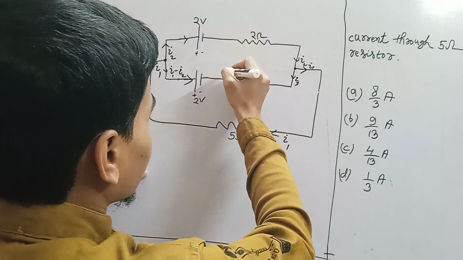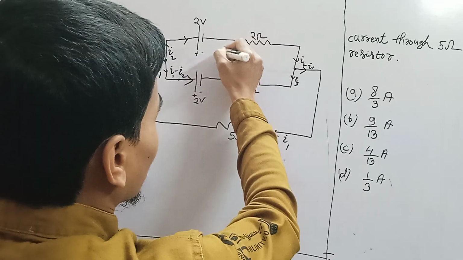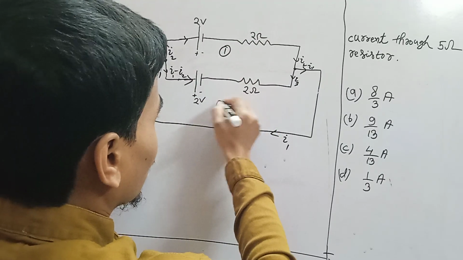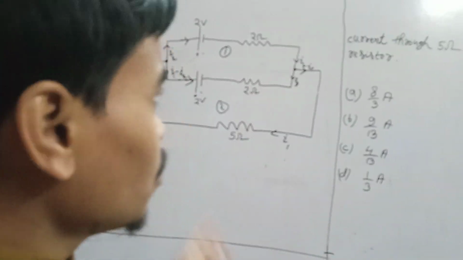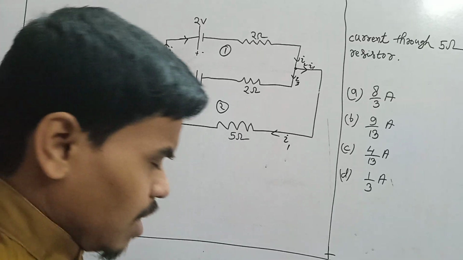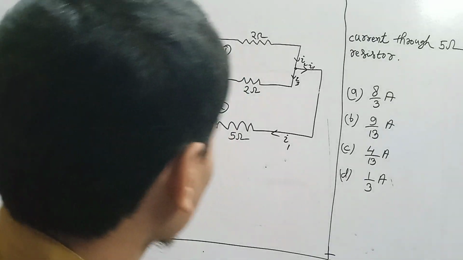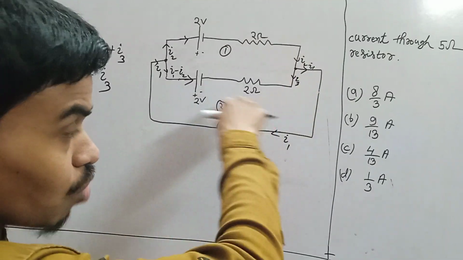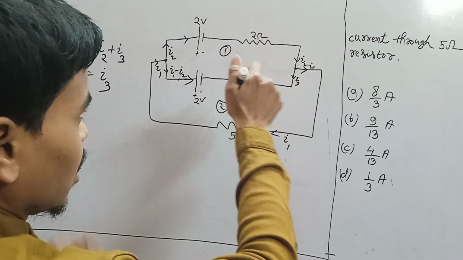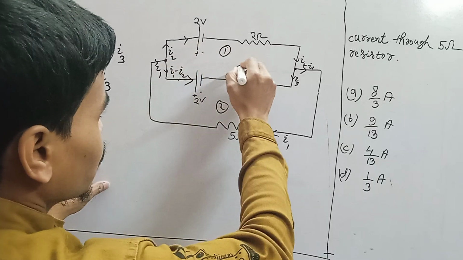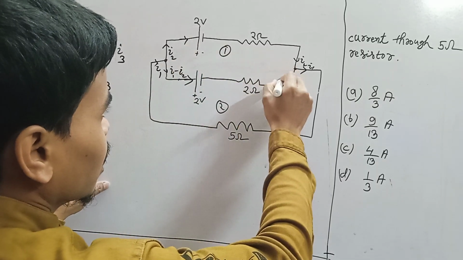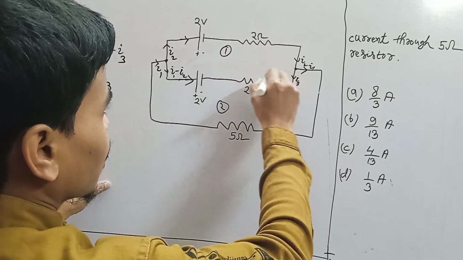Now we have to consider that there is loop 1 and loop 2. We have to go in any one direction. If we assume, we go in the clockwise direction. This is the clockwise direction, we are going from here.